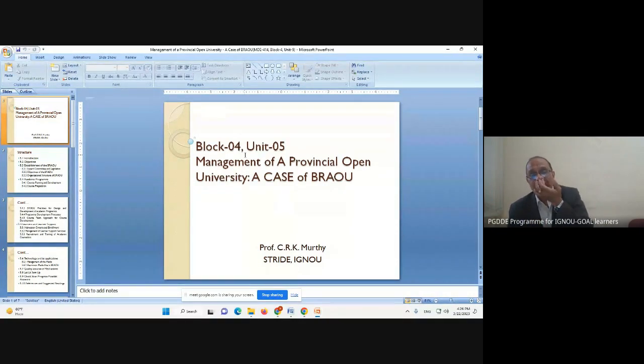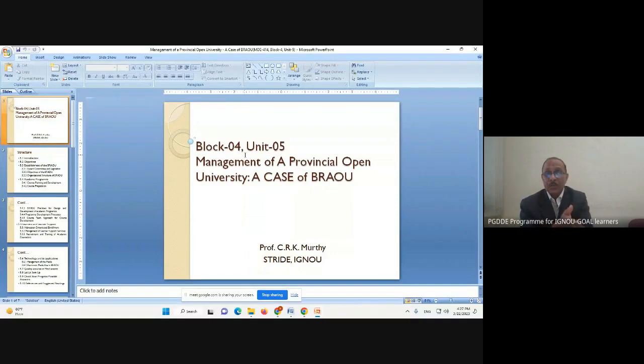Then the university's name was changed to B.R. Ambedkar Open University to honor him. So this is how this state open university came into existence in 1982, much before IGNOU.